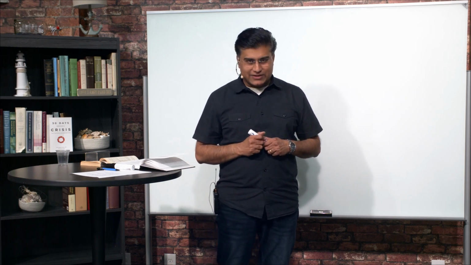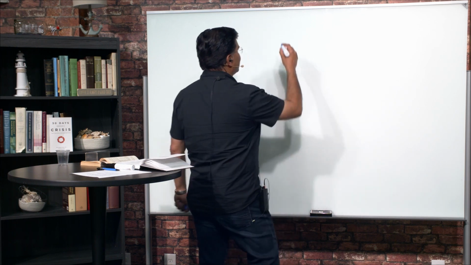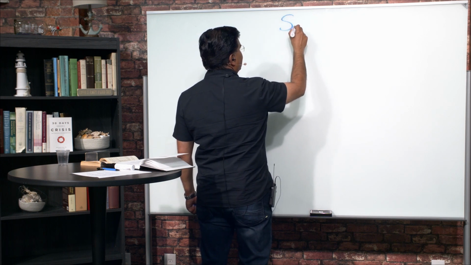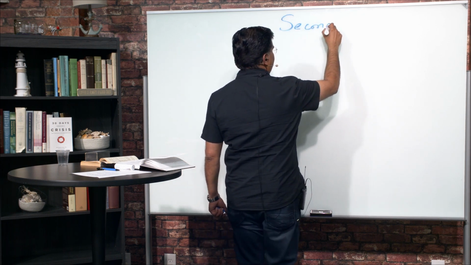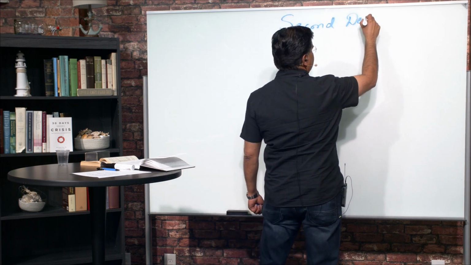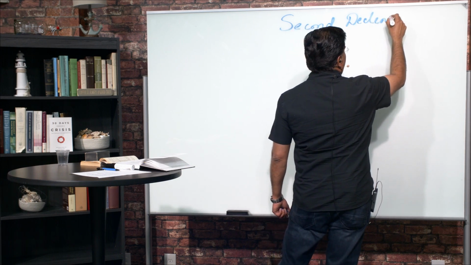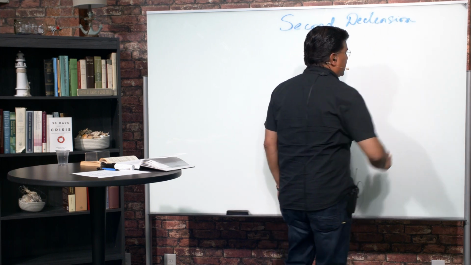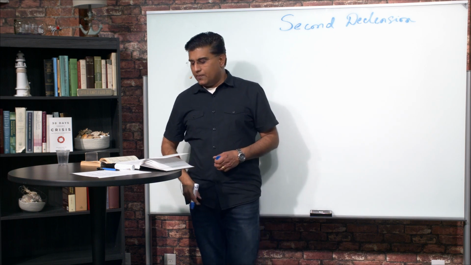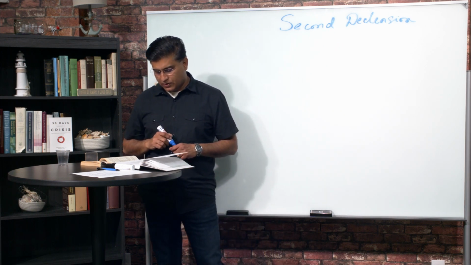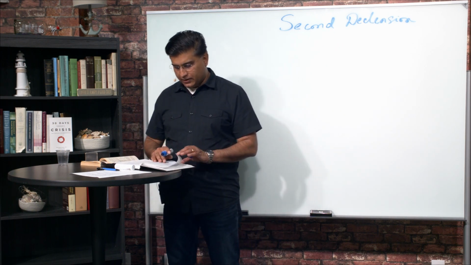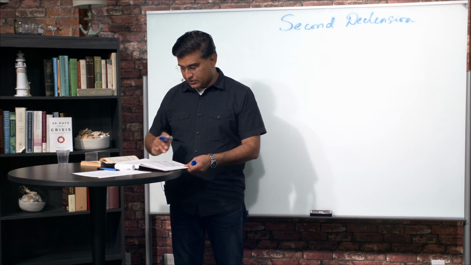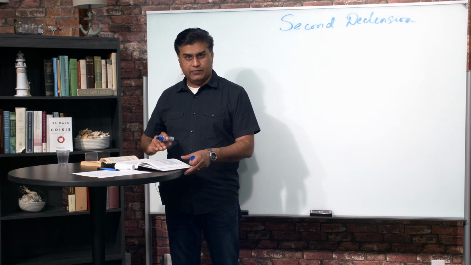So, having said that, let's deal with the second declension. Okay, the second declension. And I'm focusing on the masculine, and the feminine. So let's begin with that now. Just the masculine, by the way, and then maybe we'll even do the neuter.